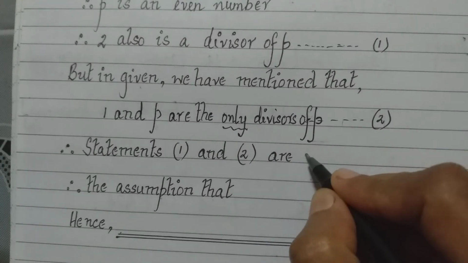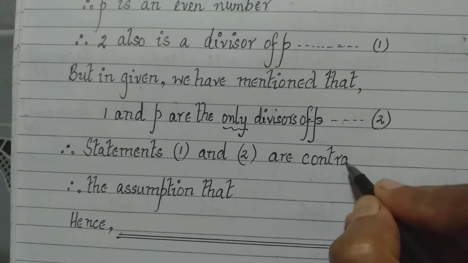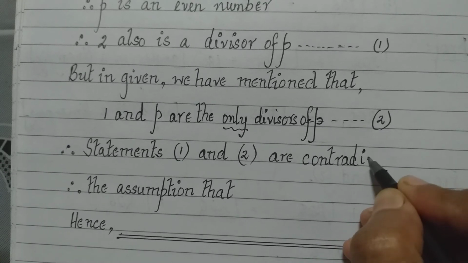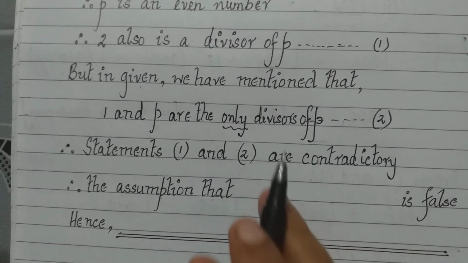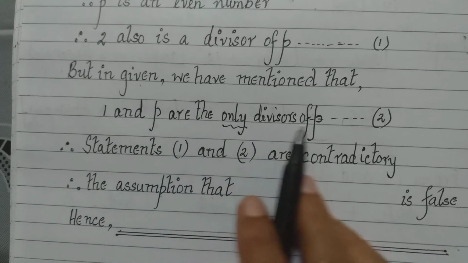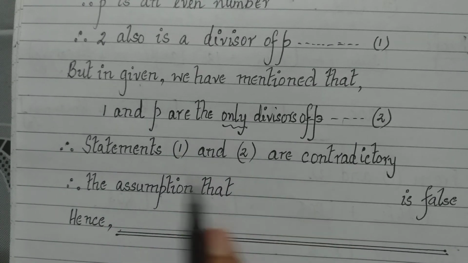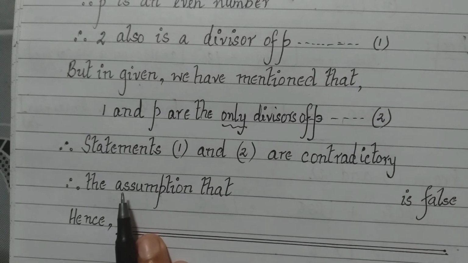That means they are disproving each other. So we write contradictory. Contradictory means one is disproving the other. That is, 2 also is a divisor of P is contradicting this statement. So statements 1 and 2 are contradictory.